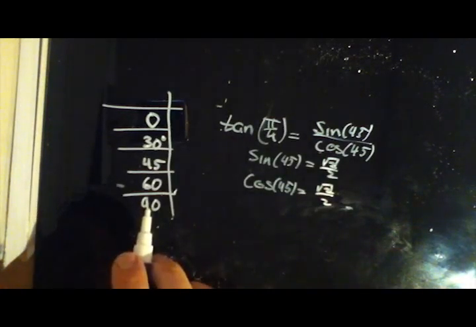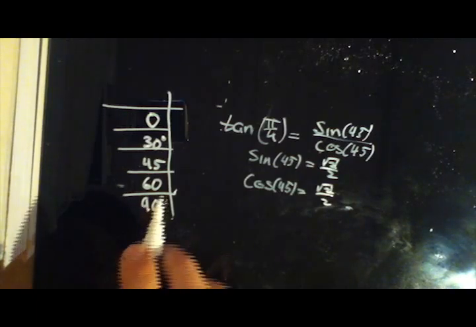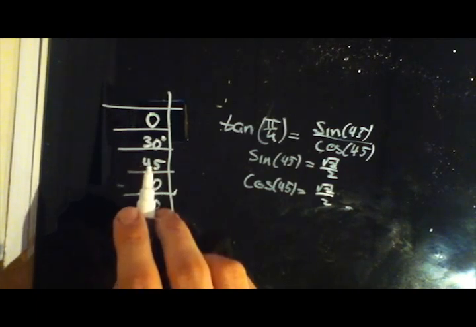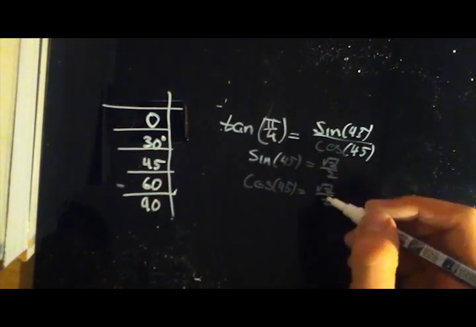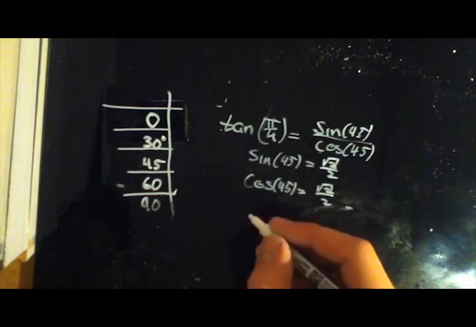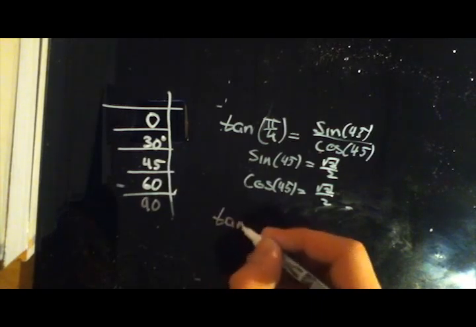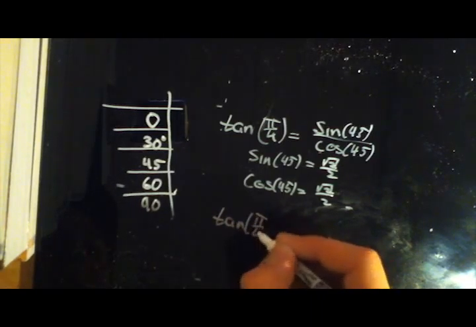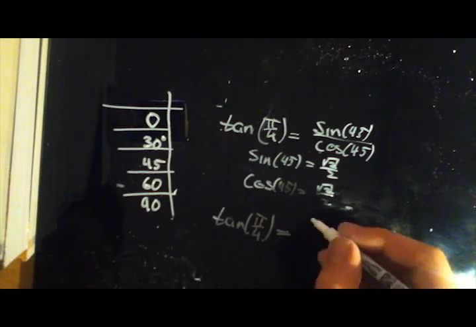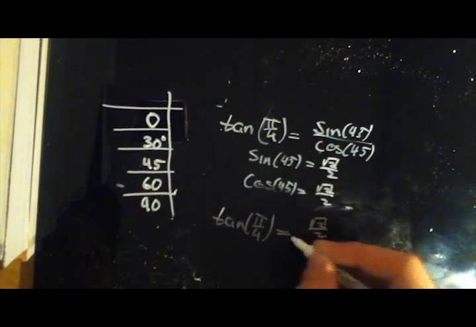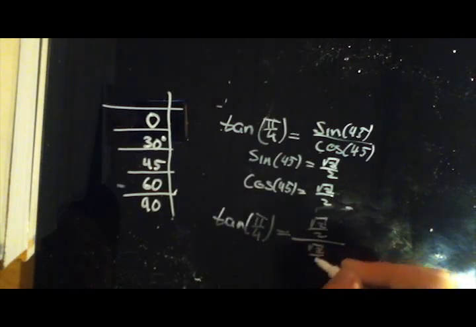Why? Because we start off here: square root of 0 over 2, square root of 1 over 2, square root of 2 over 2. So basically you're going to get square root of 2 over 2 divided by square root of 2 over 2. So tangent of pi over 4, which is the same thing as tangent of 45, is square root of 2 over 2 divided by square root of 2 over 2.